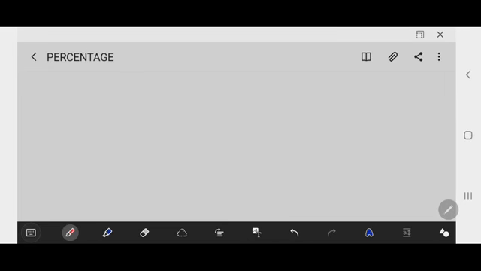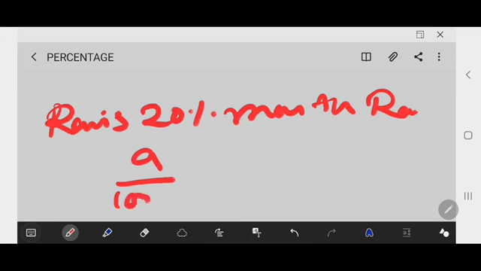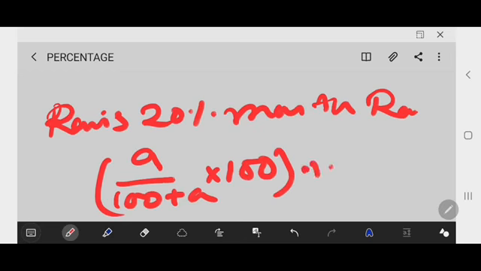If the income of Ravi is 20% more than Ram, the income of Ram is how much percent less than Ravi? Okay, so simply we have a formula: a by 100 plus a into 100%.